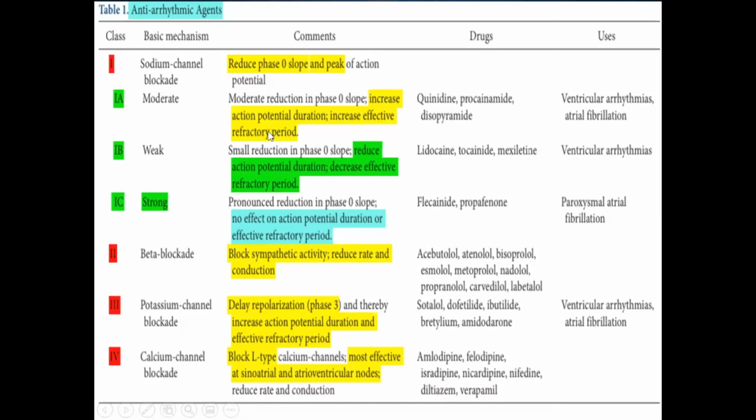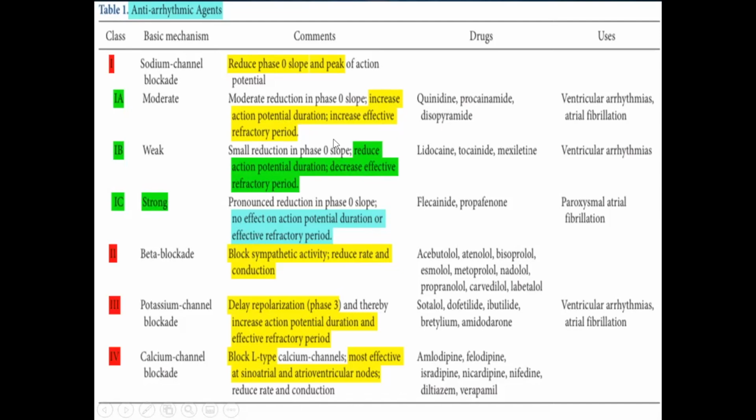Your refractory period has effective, which is absolute, and relative. Your effective is absolute. 1A increases it. 1B reduces action potential duration and reduces effective refractory period. 1C has no effect on this.